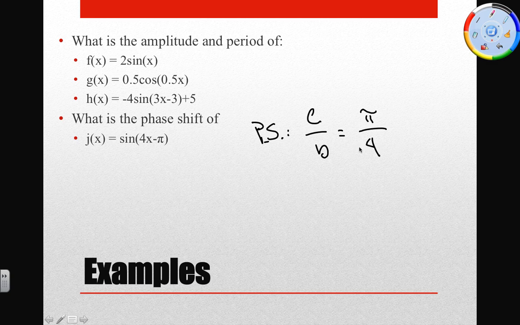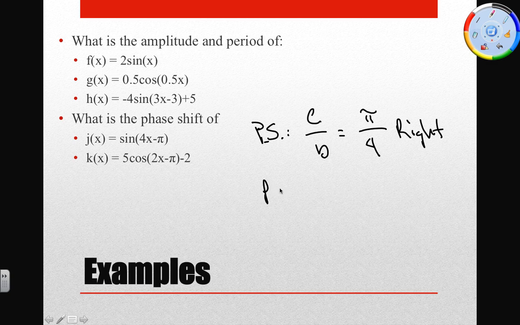And then you need to determine direction. Because this is a minus, it goes pi fourths to the right. What that does is it changes our initial starting point. Rather than starting at 0, 0, it starts to the right at pi fourths, 0.